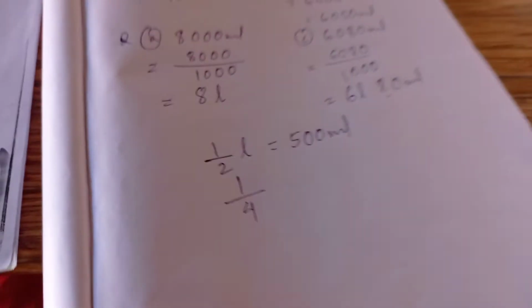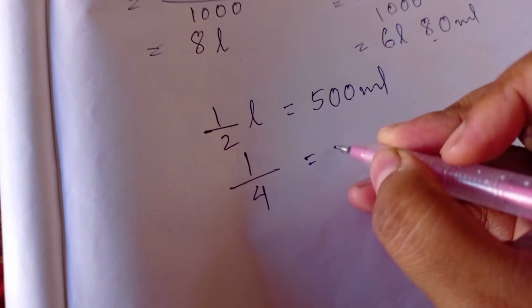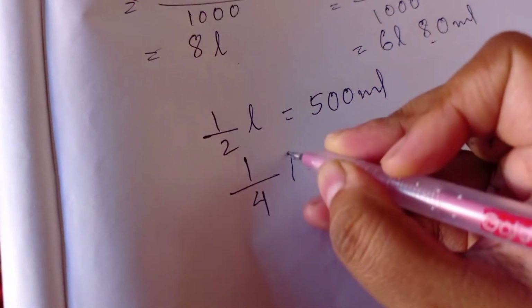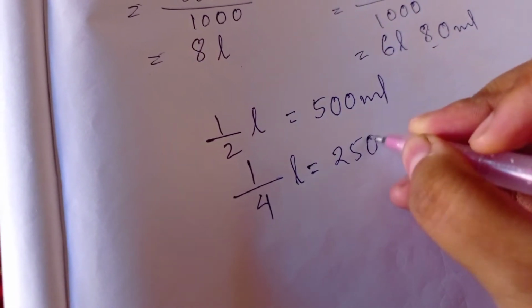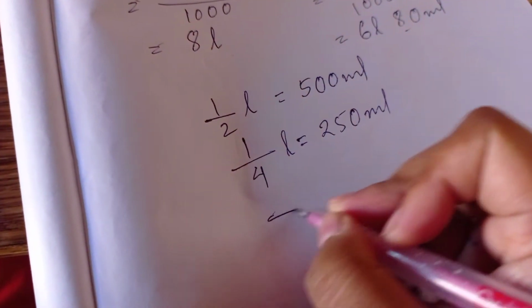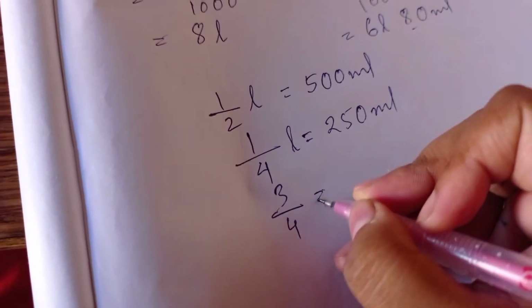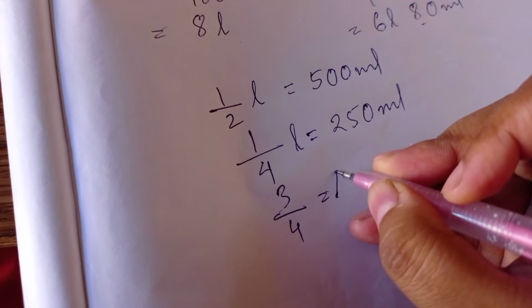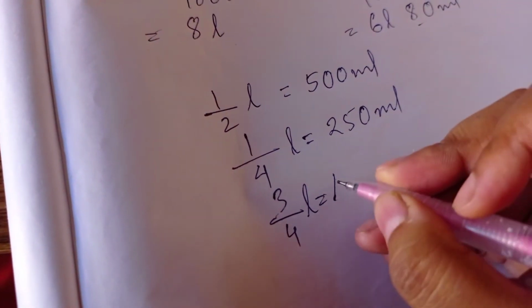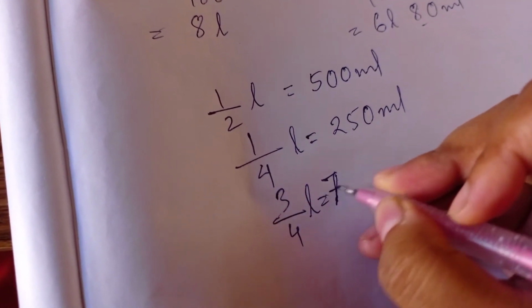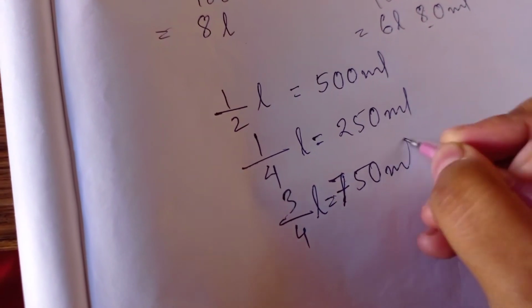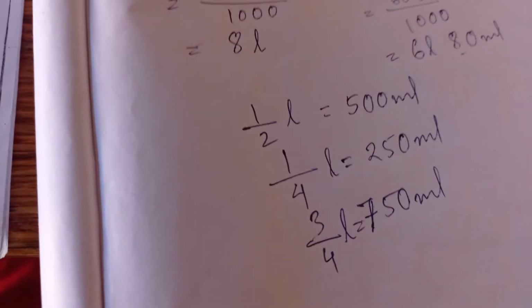Similarly, 1 by 4 liter is equal to 250 ml, and 3 by 4 liter is 750 ml. So this is the relation.